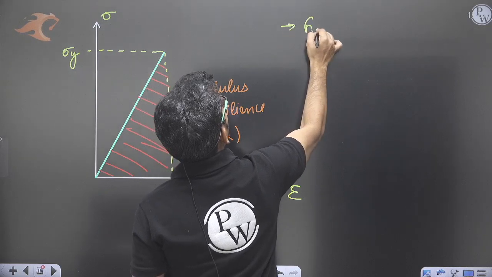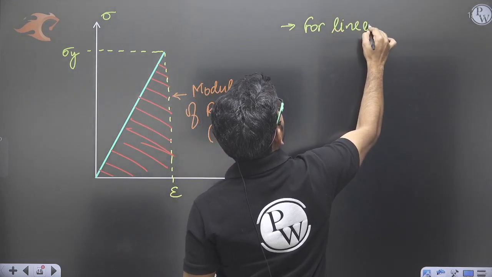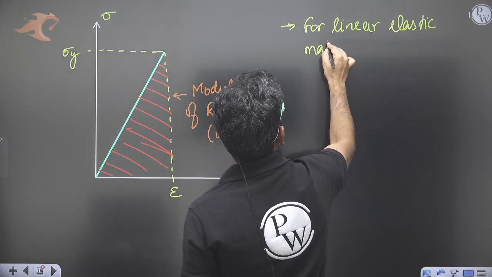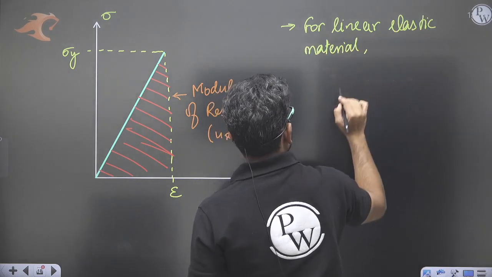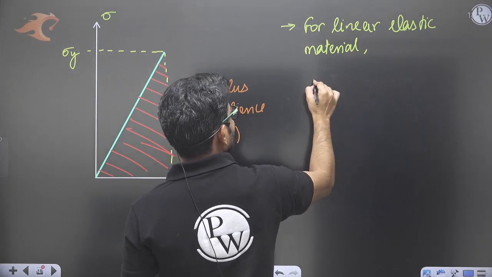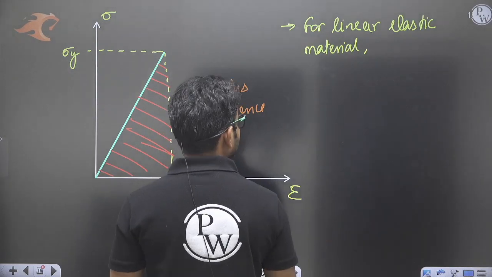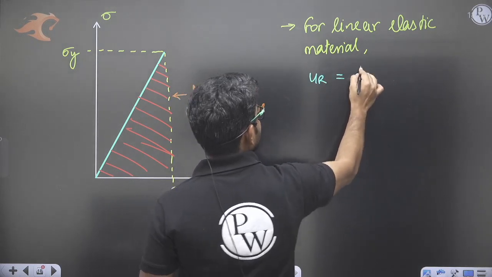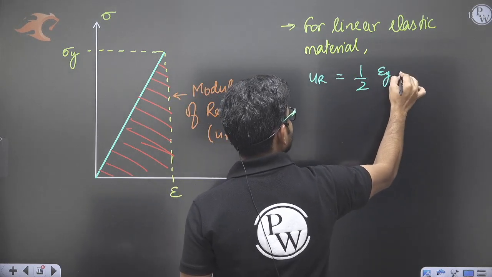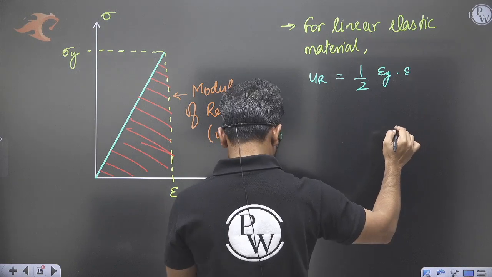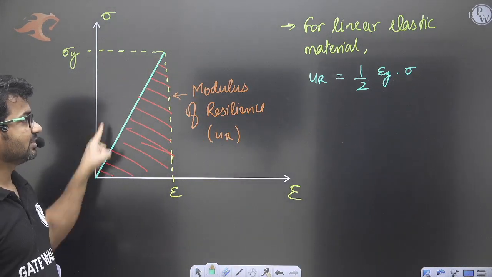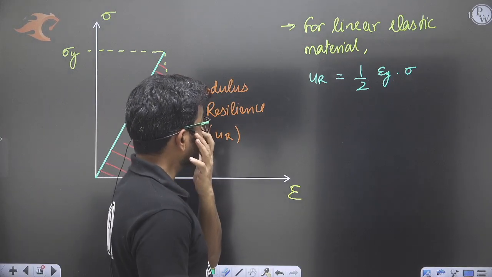For a linear elastic material, modulus of resilience is equal to half stress into strain, that means the area of a triangle, half base into height. Half stress into strain will be the area of the triangle.